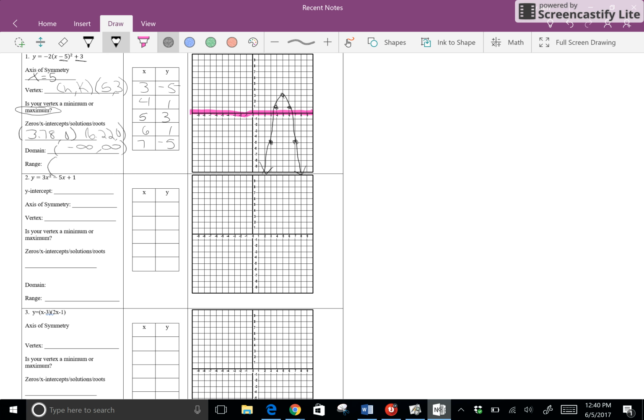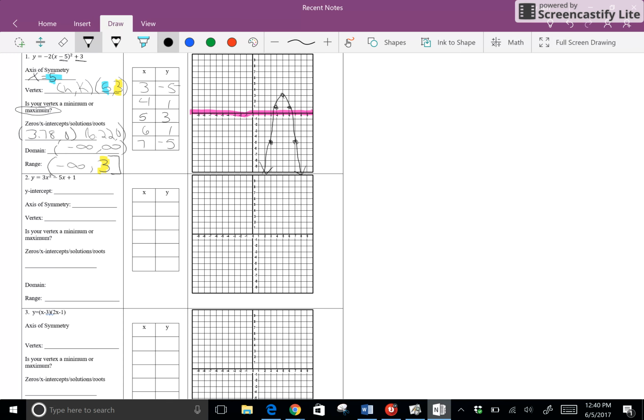So down here are all the negative numbers, and then go up as far as you can. And what's the highest y? It is 3. Now you can make sure that these are the same. And then remember from our notes from previous that these numbers will be the same.